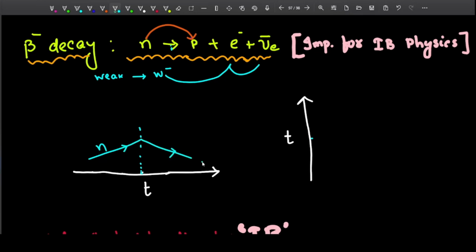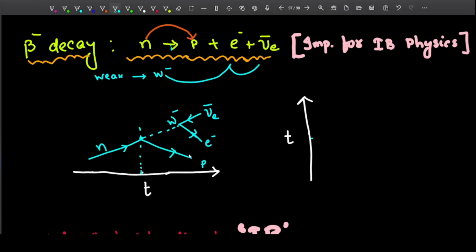Just at the interaction vertex, you have to draw the exchange particle W minus, and this later on is converted into 2 more particles. One is your antiparticle, the antineutrino, and another one is your simple electron. So this is so simple. This is the way to draw the Feynman diagram for beta decay.